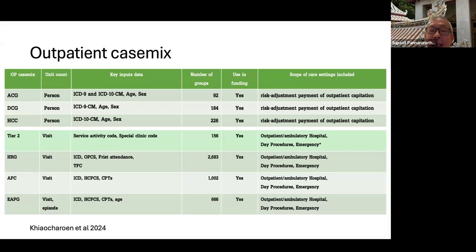This information needs to be in place. For this case mix, we define the granularity of homogeneity within a group and heterogeneity between groups, which we can use for allocative efficiency.